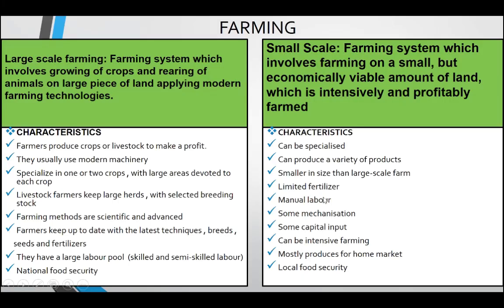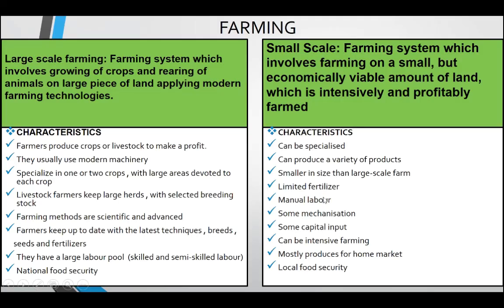Banks giving loans to the farmers in the form of capital. Arable land is suitable for the plantation of sugar. Sugarcane plantations are closer to the processing industries to reduce transport cost. So these are the factors that are specific to sugarcane farming.